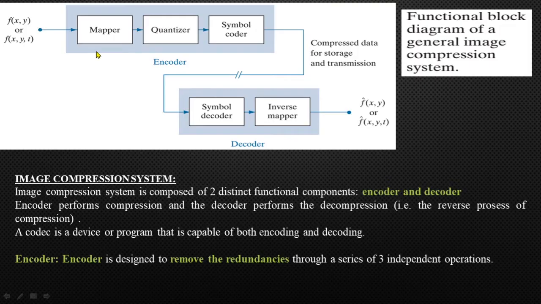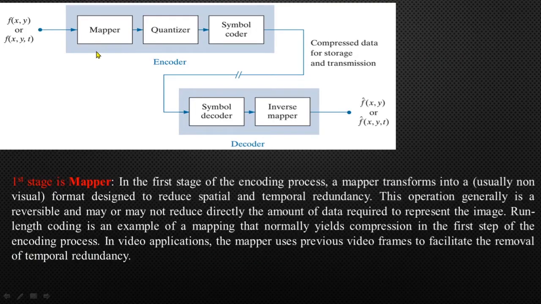First, let us see the mapper. What is the mapper? It is the first block in the encoder. It reduces the spatial and temporal redundancy by changing the intensity values into a particular format. That is, a mapper transforms the data into a format designed to reduce the spatial and temporal redundancy.